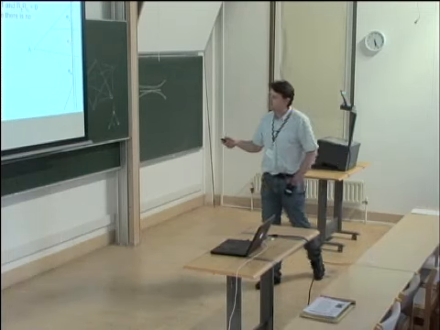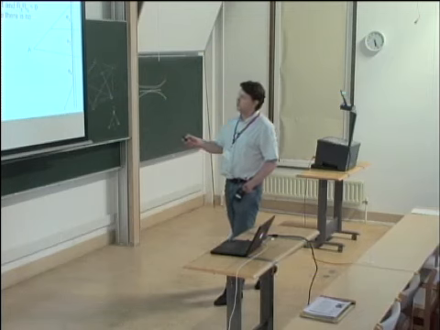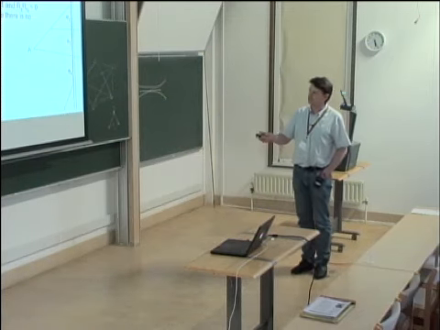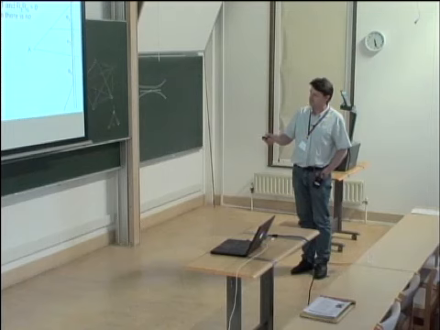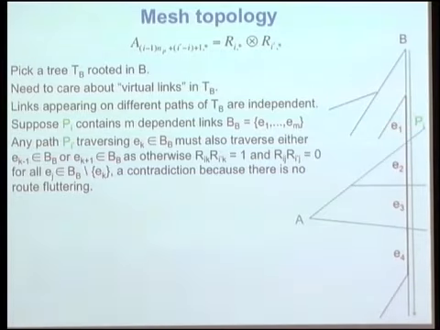This would mean that if I take the product of the row corresponding to the path Pi and the row corresponding to the path Pi prime, I would get one entry equal to 1 for the link Ek, which is shared both by Pi and Pi prime, and 0 for all the other links in this dependent set.